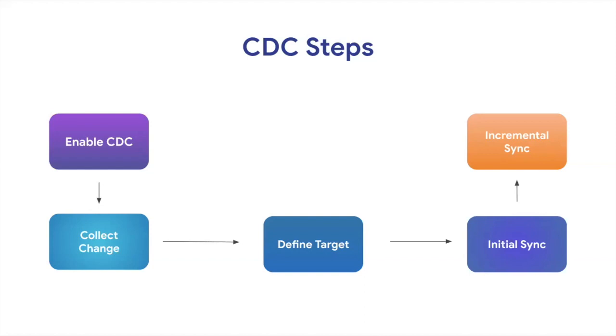If it's a simple application of it, you may not need to do a lot of changes to the data structure. But if it's for analytics and some of the advanced analysis you may want to do on the system, or if it is for audit and compliance reasons, which will require more annotations and details on each of the data set, you may have to do a few changes in your source data set.